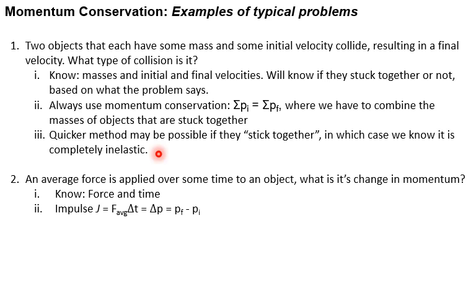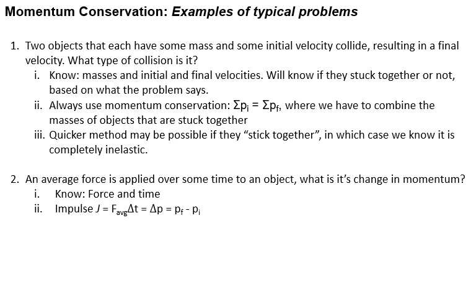If it doesn't say that, then we have to use momentum conservation to figure out what the final velocities of the objects involved are, if you're missing a final velocity. Then you can calculate the initial and final kinetic energy, go back to your flowchart and ask, was kinetic energy lost? If so, it's inelastic. If none was, it is elastic.